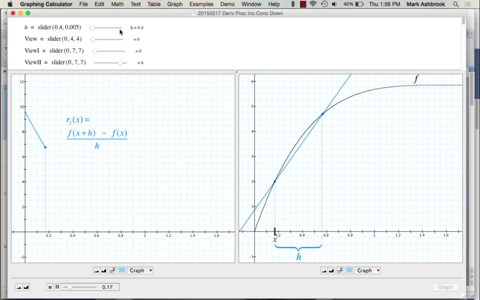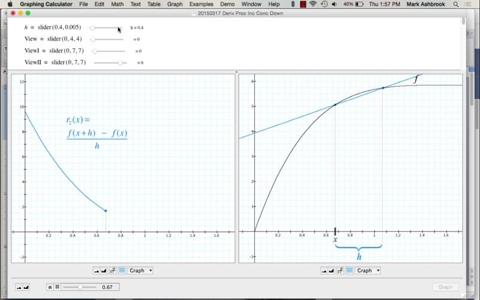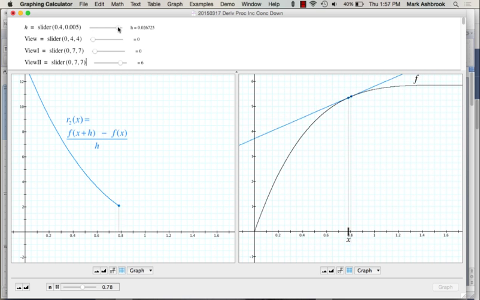Okay, so what you're working on now is, I'll make h small, and we'll see what happens here. Ready? I'll make h small. Did you catch it? So I just made h a lot smaller to match up with your third graph there.